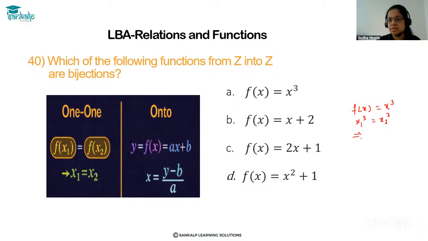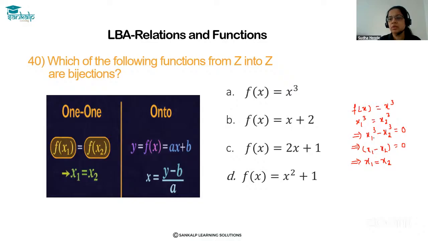This implies x1 cube minus x2 cube is equal to 0. This implies x1 minus x2 is equal to 0, implies x1 is equal to x2. Okay, you can have one more factor here, but I am taking directly.